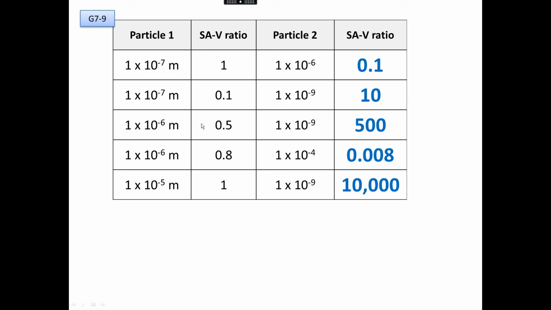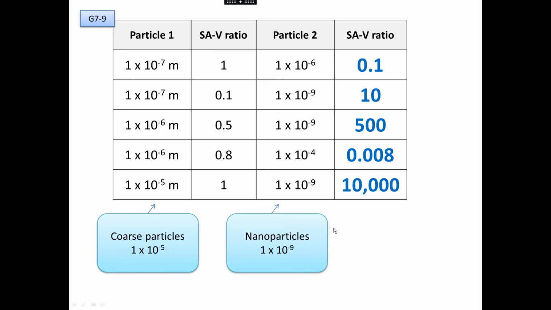And particle 2 in the third example is 1,000 times smaller, so the SAV ratio will be 1,000 times bigger, which makes it 500. Particle 2 in this example is 100 times bigger, so this will be 100 times smaller, so 0.8 divided by 100. Here, particle 2 is 10,000 times smaller, so the SAV ratio will be 10,000 times bigger, and that's exactly what happens when we compare coarse particles to nanoparticles.